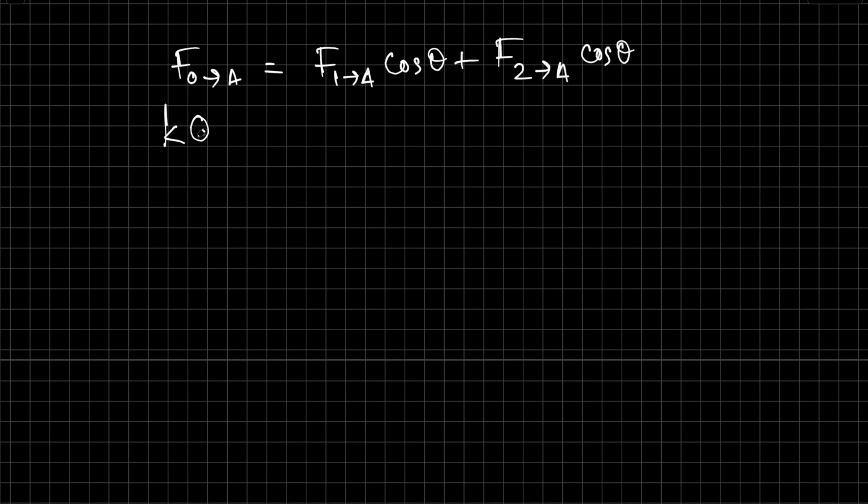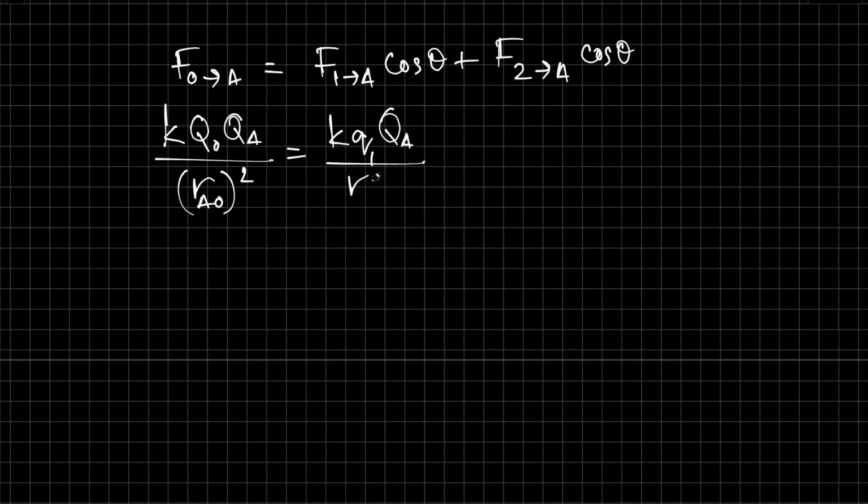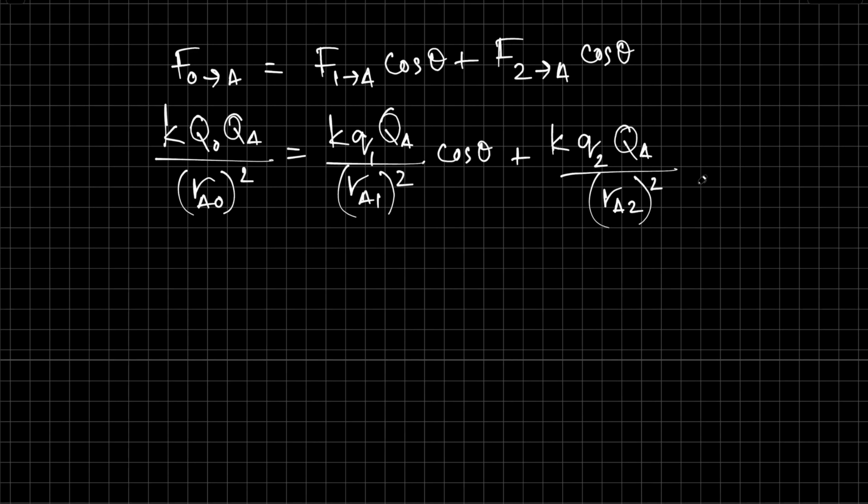K Q0 QA over RA0 square equals F1 to A, K Q1 QA over distance between 1 and A, the whole square, times cosine theta, plus K Q2 QA over RA2, the whole square, cos theta.